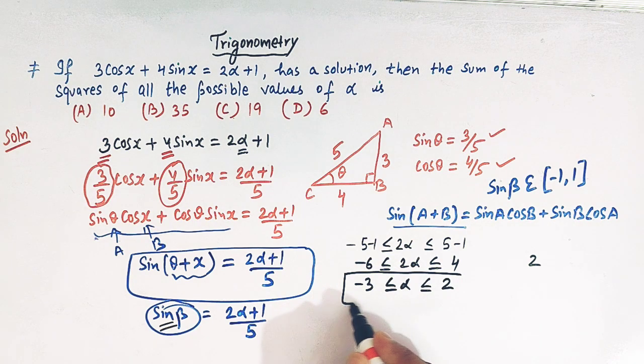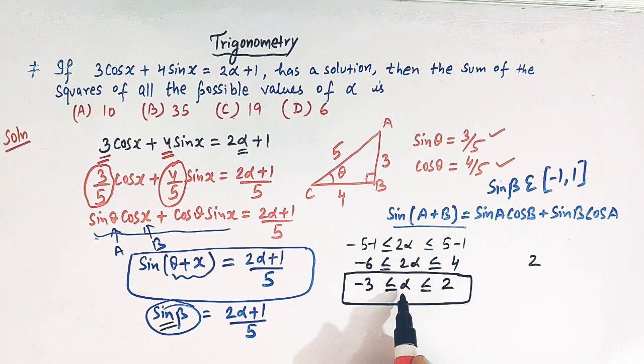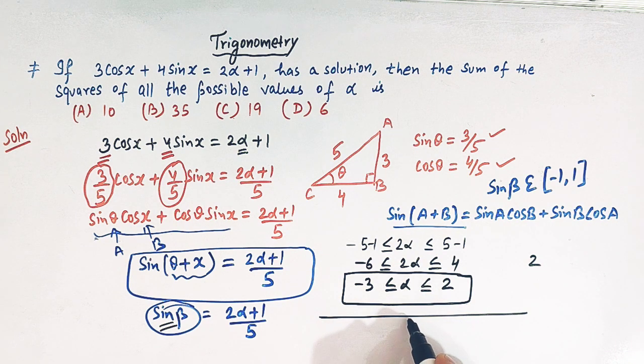So now we have obtained this inequality, which suggests that alpha lies between minus 3 and 2, including minus 3 and 2. If we take the real number line, here we have 0, minus 1, minus 2, minus 3, and this is 0 and 2.